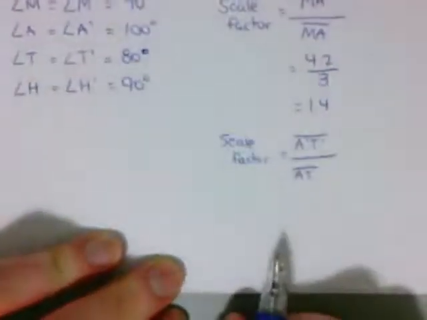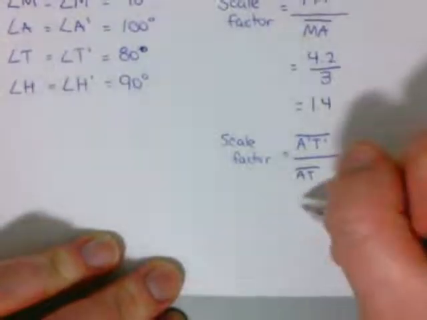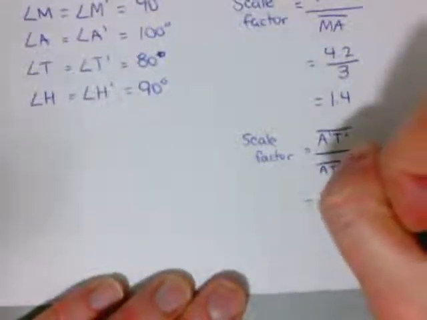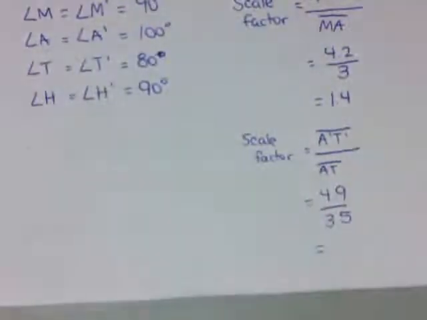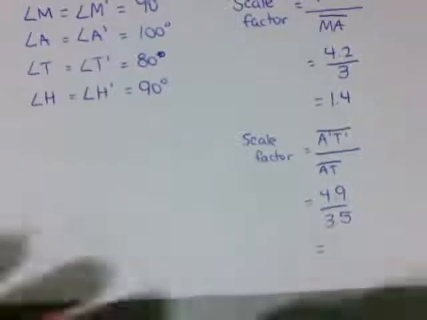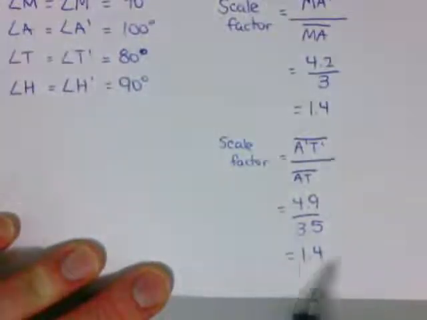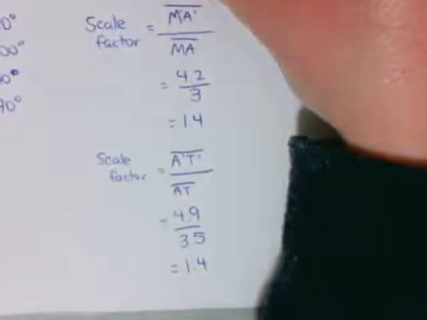Tilt it. Okay, so we are looking at 4.9 divided by 3.5, and that gives me a total of 1.4 again, which is what we want to see, because we want to make sure that it gives me the same number as a scale factor in order for this to be a true enlargement.